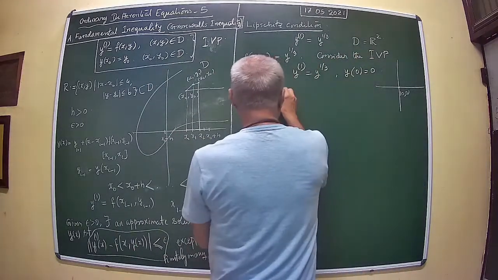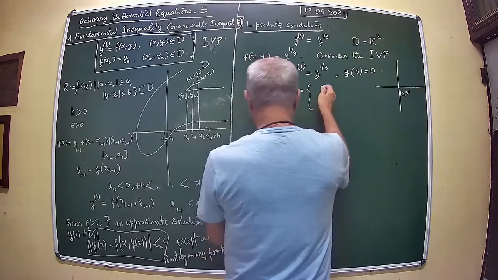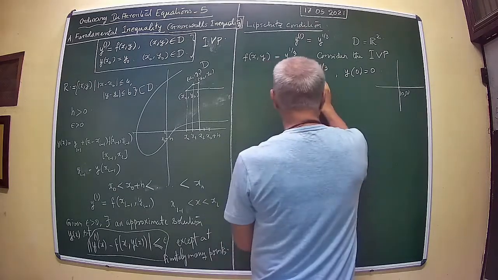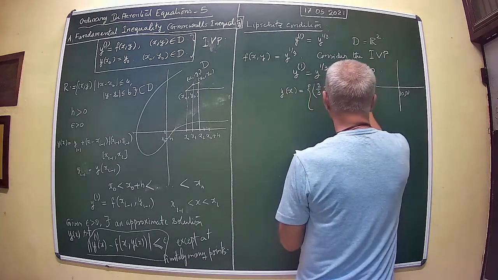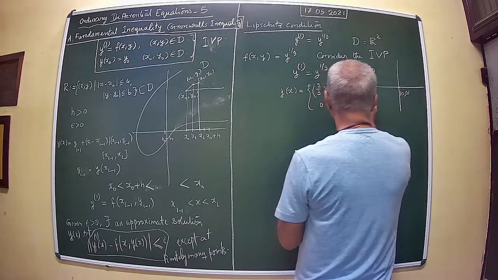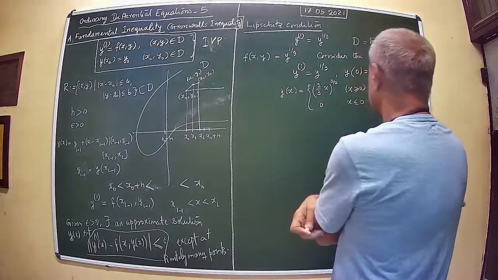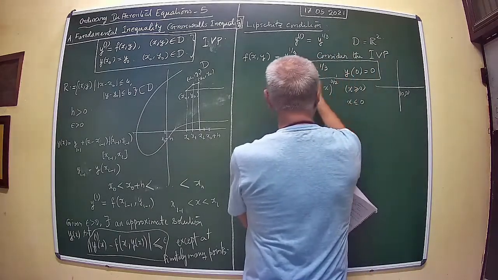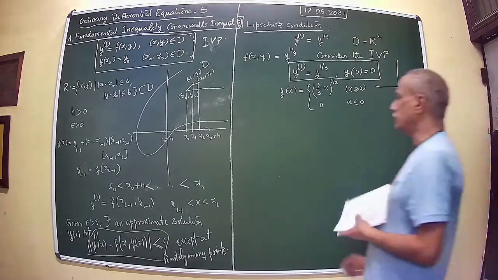So this is actually y(x) equal to 0, which is a solution of this differential equation. See, now what you observe is that this is our initial value problem, that is the differential equation with the initial condition represented by the point 0, 0. You see that there are two solutions.